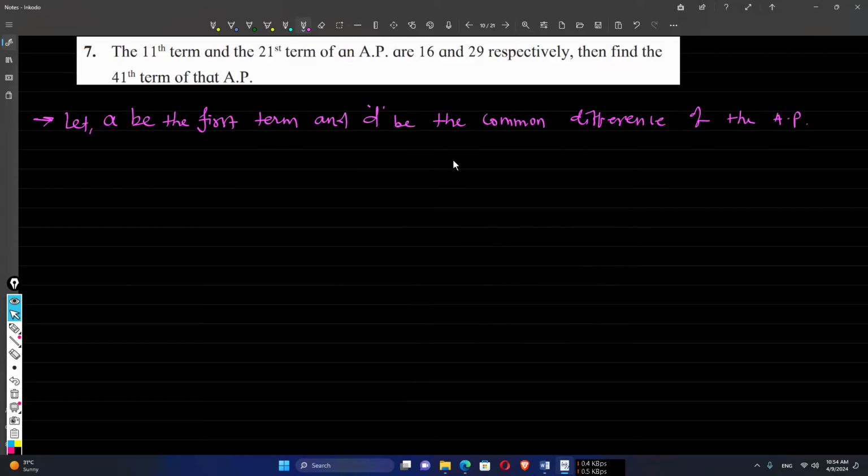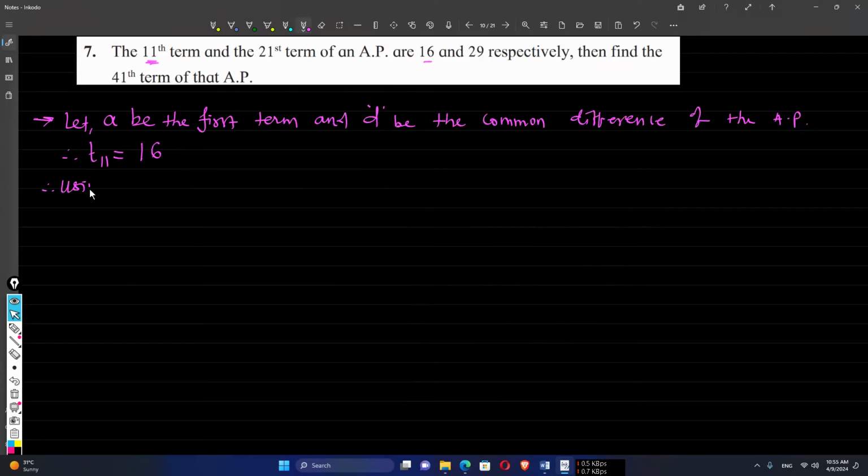Okay, so using Tn formula, we can write the 11th term. Therefore, T11 in this arithmetic progression, it is clearly mentioned in the problem that the 11th term of the AP is 16, meaning T11 is equal to 16. Okay, we can use Tn formula in this equation.